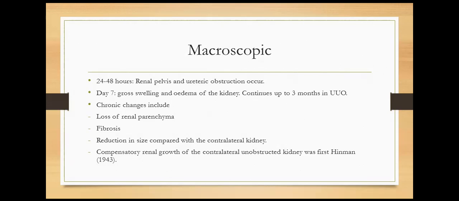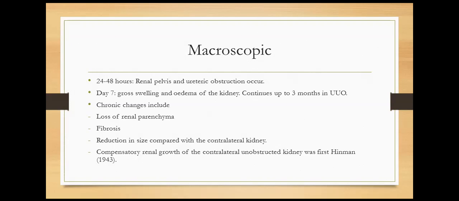There's a reduction in size compared with the contralateral kidney. And it's not just a reduction in size of the obstructed kidney that's affected, but you also get compensatory renal growth of the contralateral unobstructed kidney, which was first described by Kidman in 1943. More work has been done towards that.